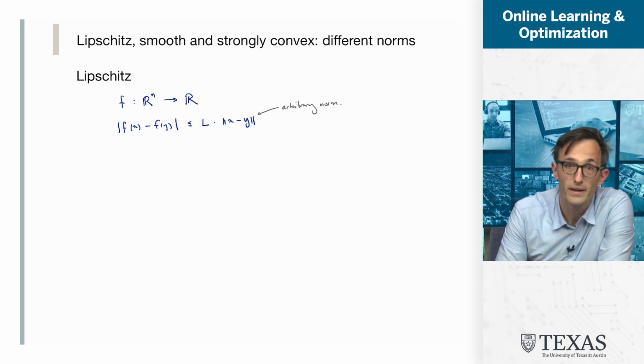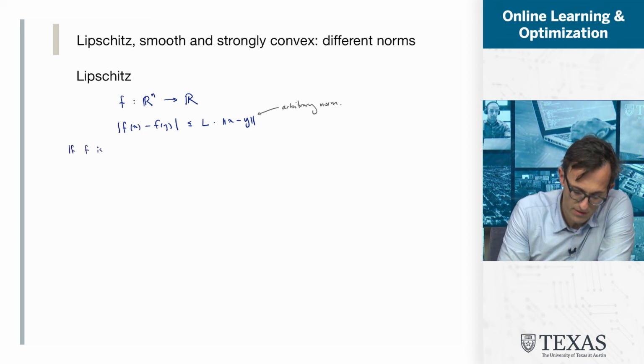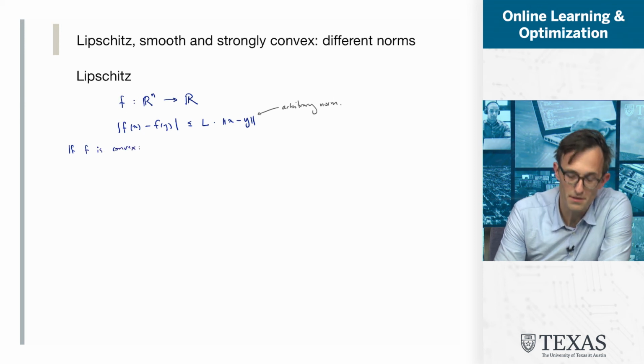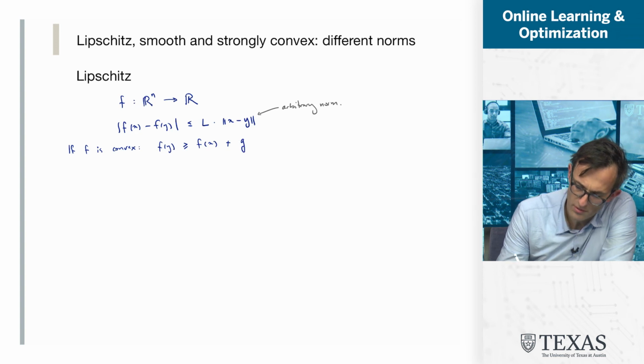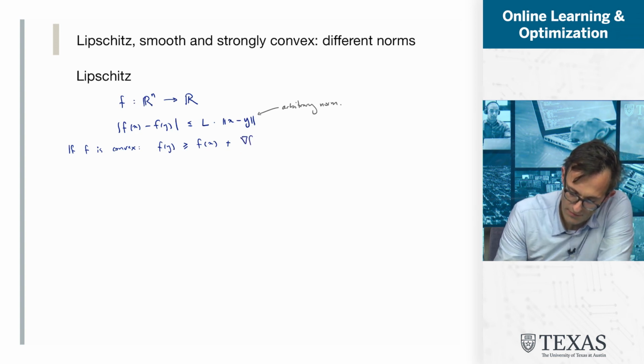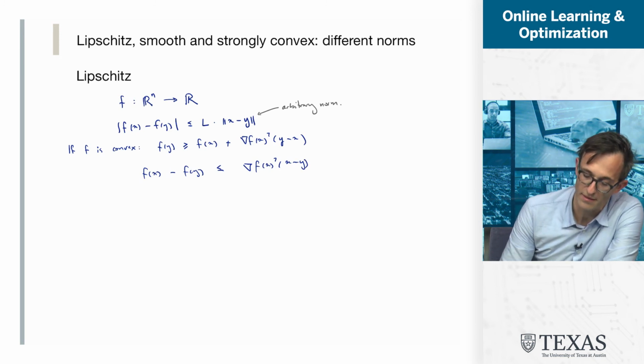So note that just by convexity, if f is convex, we have that f of y is greater than or equal to f of x plus the gradient of f of x times y minus x, or in other words, f of x minus f of y is less than or equal to the gradient of f of x times x minus y, because I moved it over to the other side, so I inserted a minus sign.